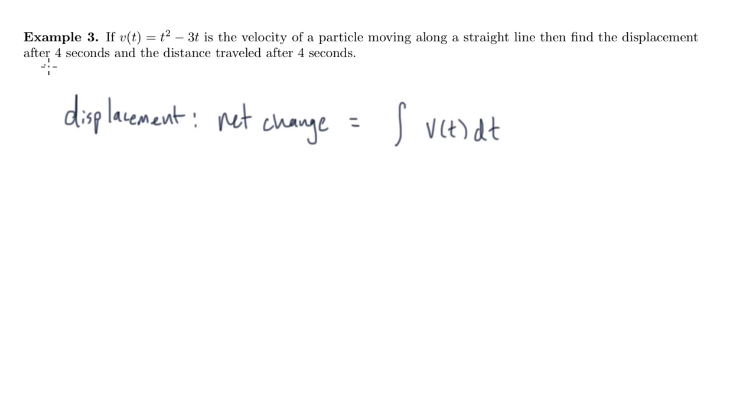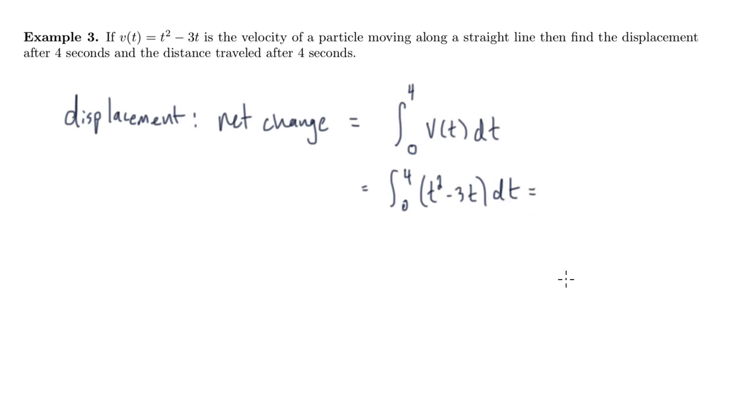So after 4 seconds, that's just from t equals 0 to t equals 4. So starting at 0, going all the way to 4. What we really want is the definite integral of this velocity function, t squared minus 3t, from 0 to 4.